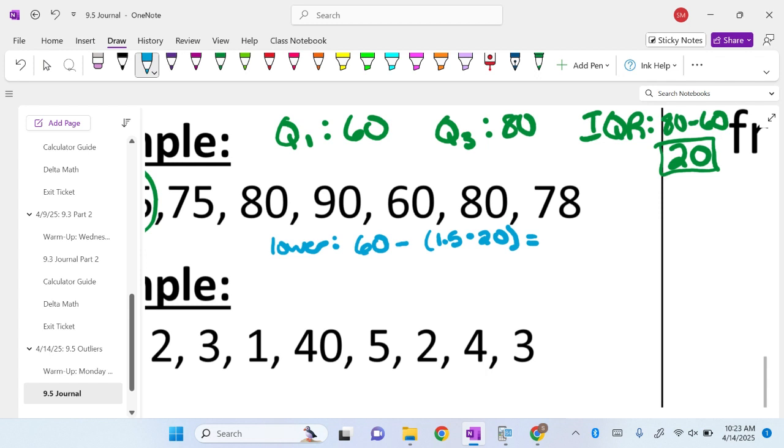So put in 60 minus 1.5 times 20. Make sure you put parentheses around the 1.5 times 20. It's what? It's 30. All right.